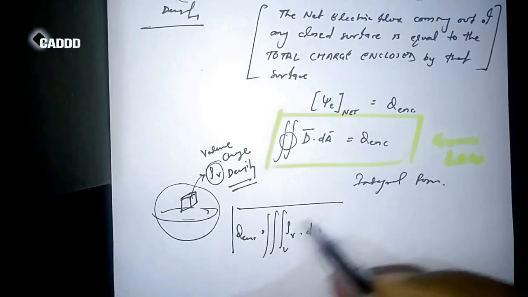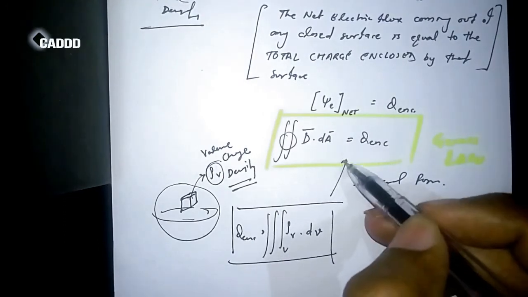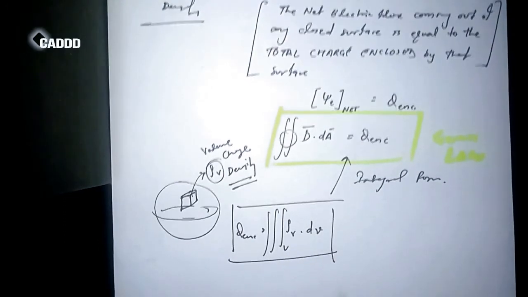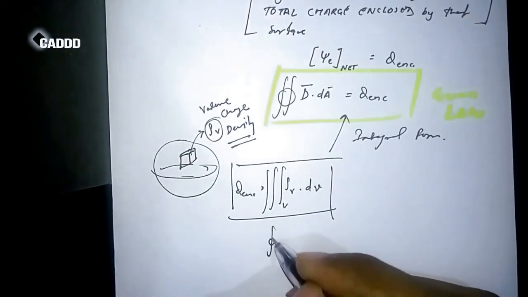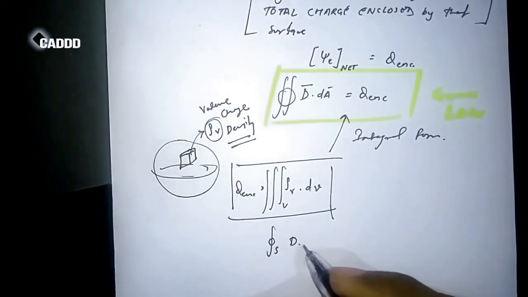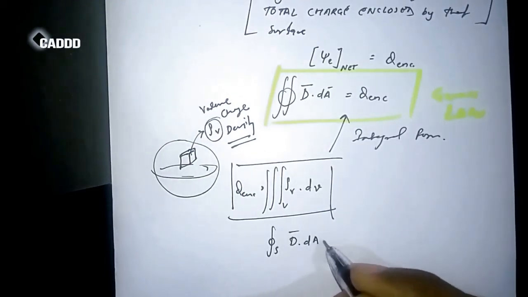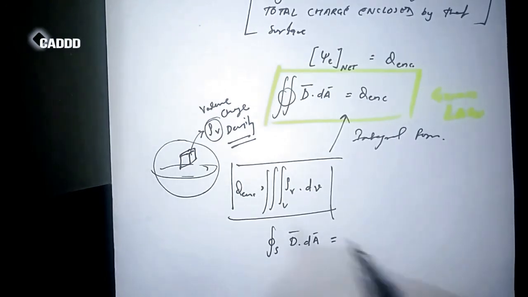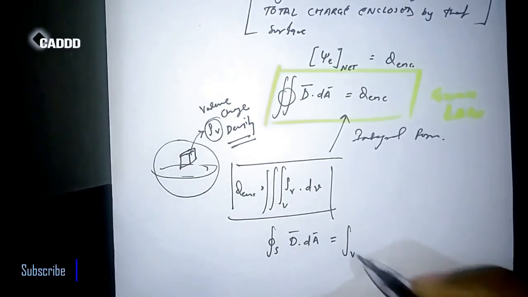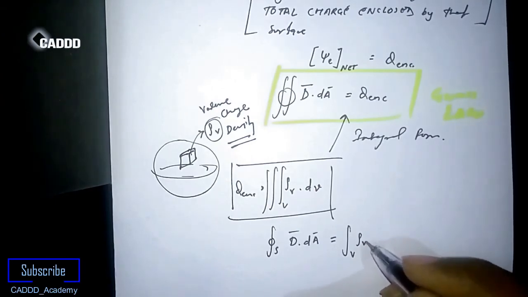We'll put this charge enclosed into this equation. Then we will have the closed surface integral of electric flux density, which will be equal to the volume integral of charge density.